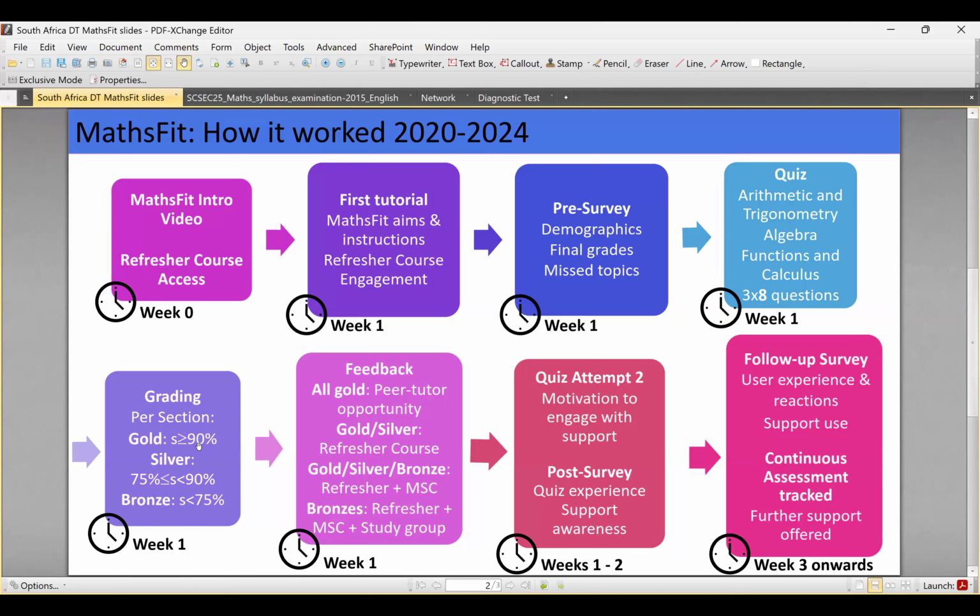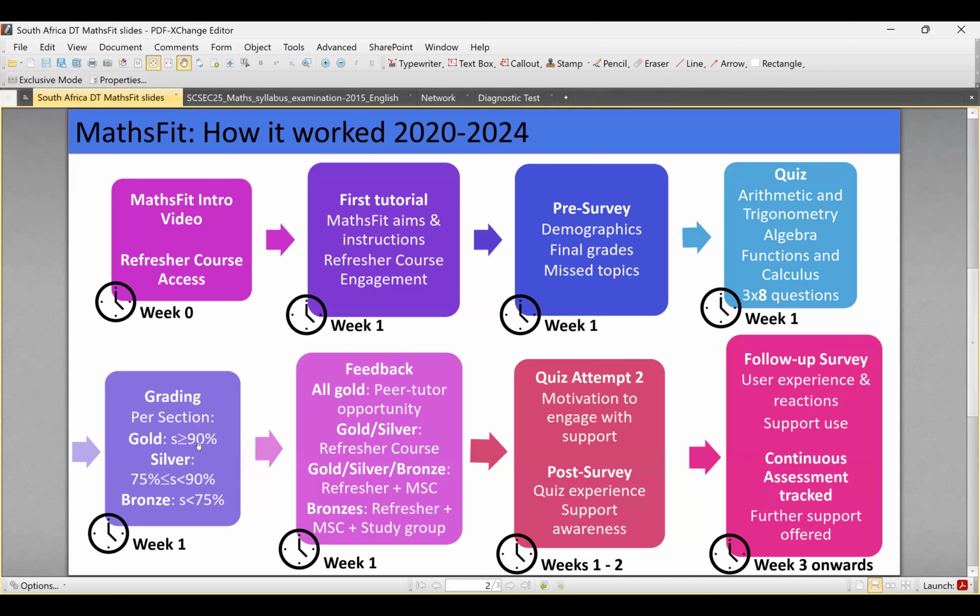We find that even if students get a couple of marks, 2 or 3 marks, they're more likely to engage with the refresher course and the quizzes. So they got a second go at the quizzes, and even if they only did as well, they were given a little bit extra. They got an extra half mark or something just for having a second go, even if they got the same marks.